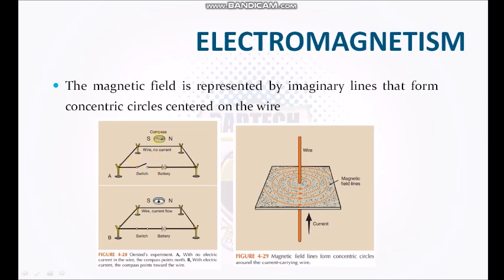He tried to put that compass near a wire that has current passing through it. Once the electric path was turned on, the compass turned its arrow away from the North. That means this area has a magnetic field. So he concluded that when electric charges are traveling, they create magnetic fields.